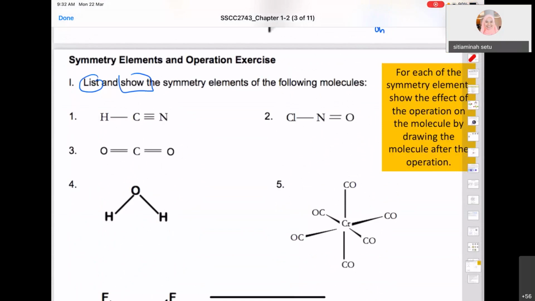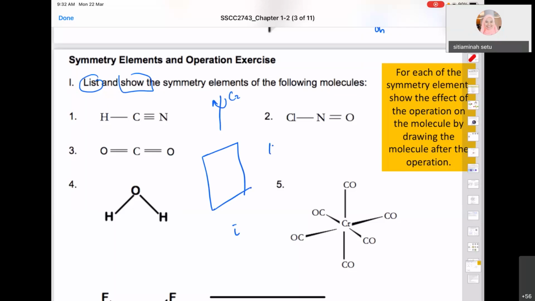Show ni maksud dia kalau dia ada rotation, you kena tunjukkan dia punya rotation tu, kemudian berapa C2 ke C3 ke. Kalau dia ada reflection, you tunjukkan dia punya plane dia. Kalau dia ada inversion, you kena labelkan I and so on. So itu maksud dia show. Kemudian you kena lukiskan, for each symmetry operation, you kena tunjukkan before and after.